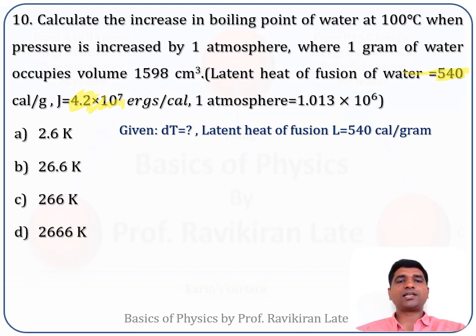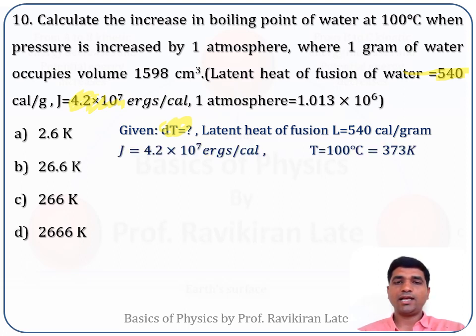Now see, in this case we have to calculate the increase in the boiling point, meaning we have to calculate dT. As we need to calculate the change in the boiling point, it is a problem based on the application of the Clapeyron latent heat equation. The J value is given. Temperature is given as 100 degrees Celsius, so T is equal to 373 Kelvin.